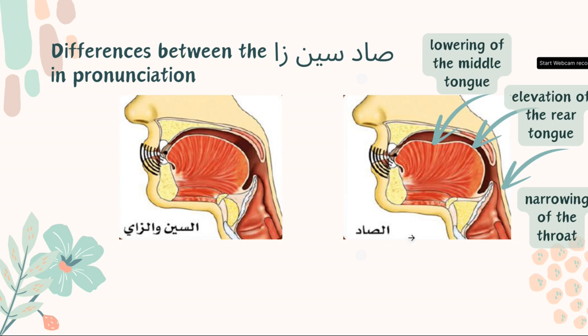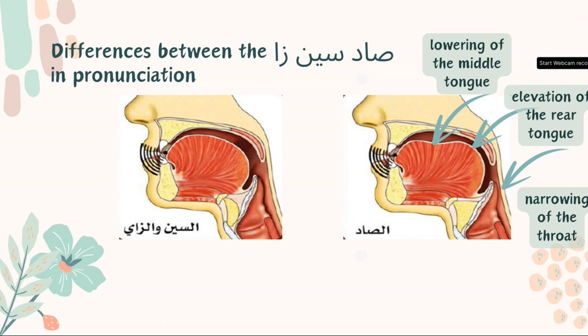How about the Sad? The Sad is an elevated letter, okay? And it's also harf mutbaq. There is itbaq in it. So what is itbaq? It means that the whole tongue rises up towards the upper jaw, touching the upper teeth from the inside part of it.